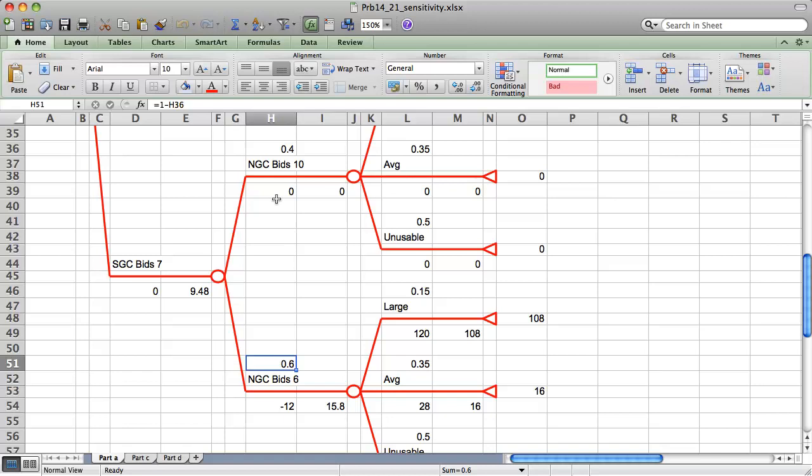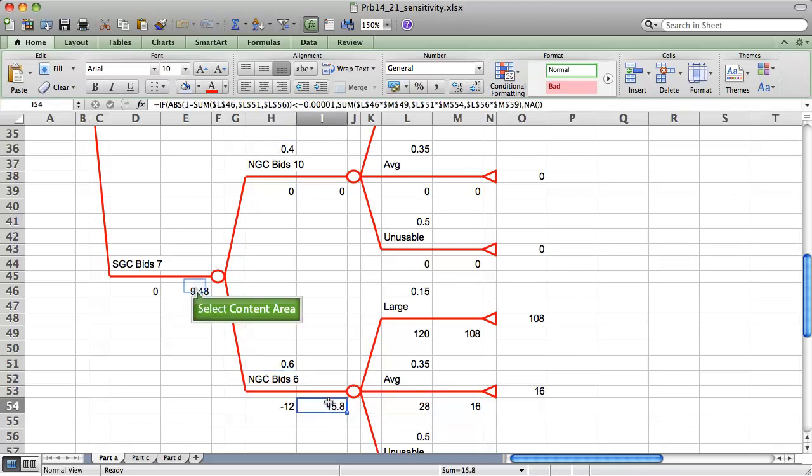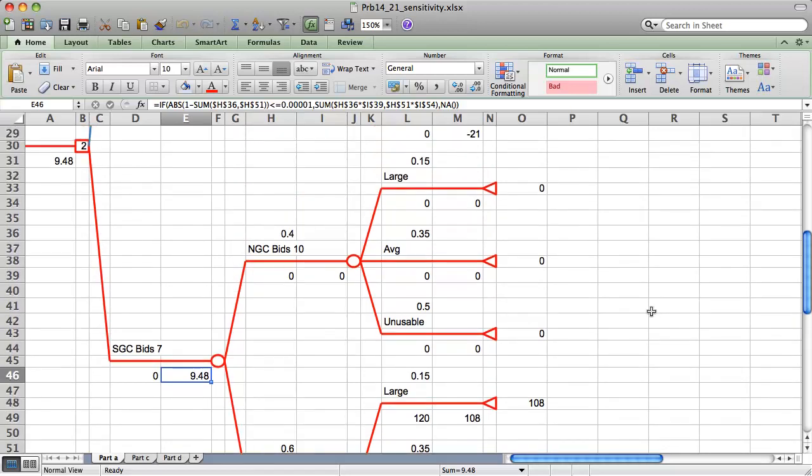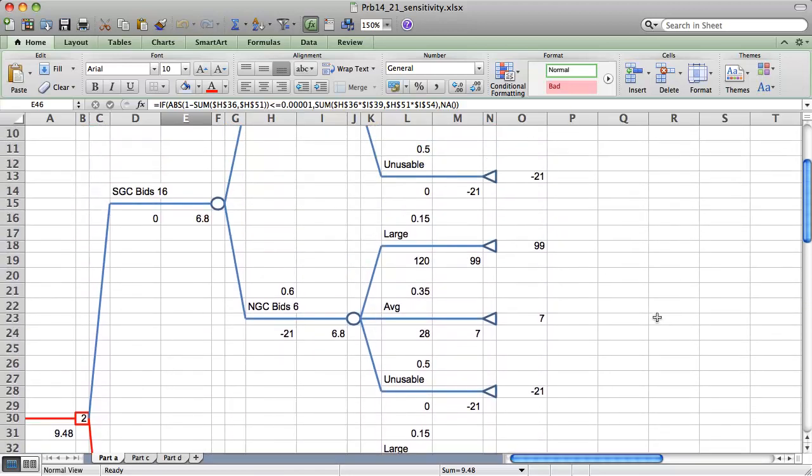The other 40% is also a factor here. So 0.6 times that weighted average for winning the low bid takes us down to 9.48. The difference is pretty significant, but nevertheless, the 9.48 based on the low bid is greater than the 6.8 based on the high bid.